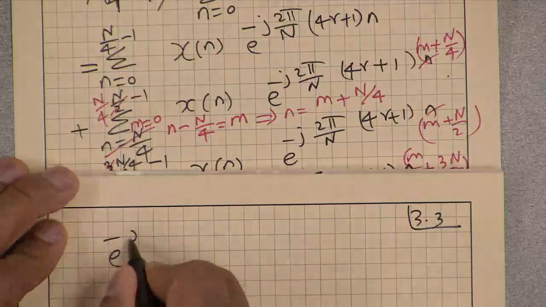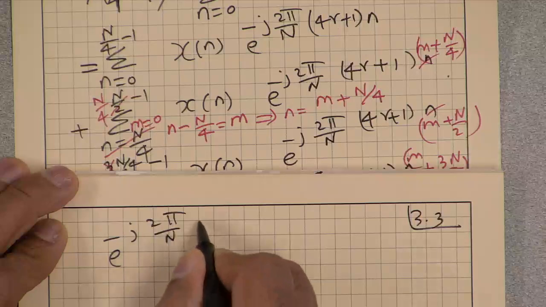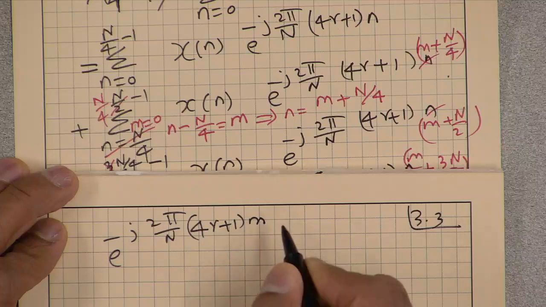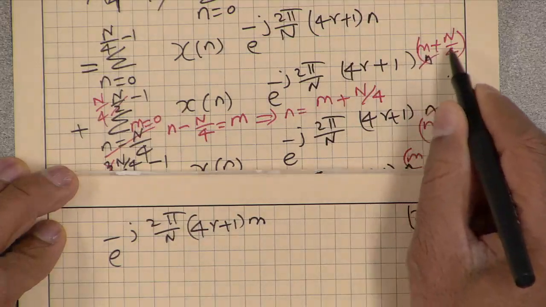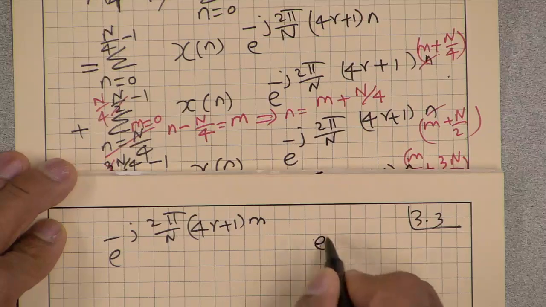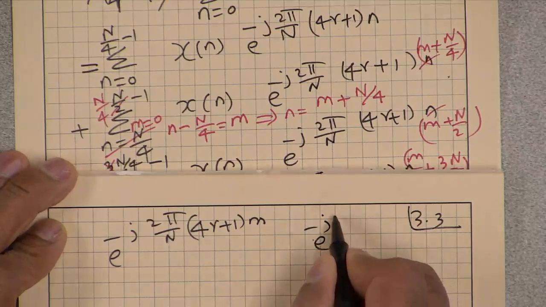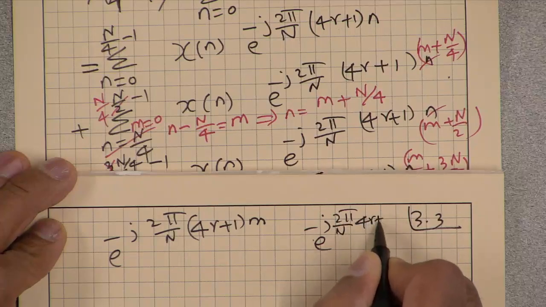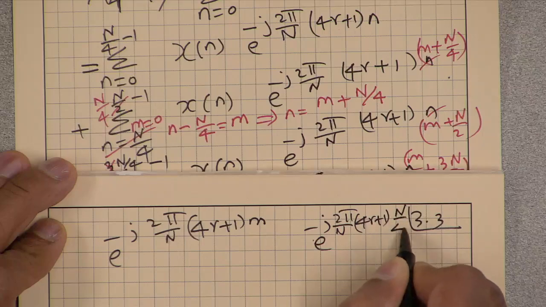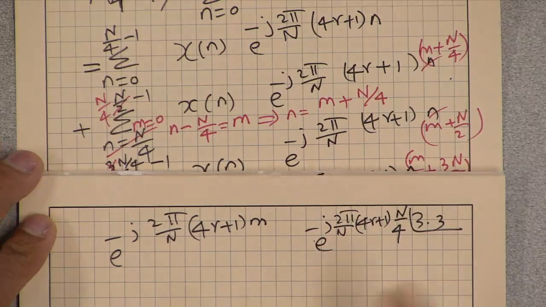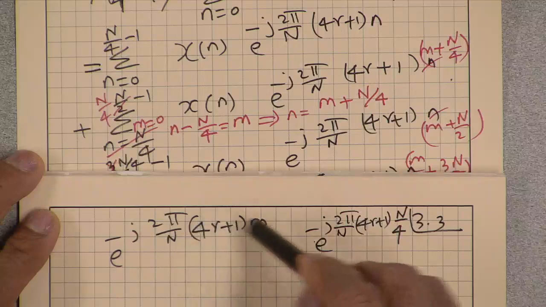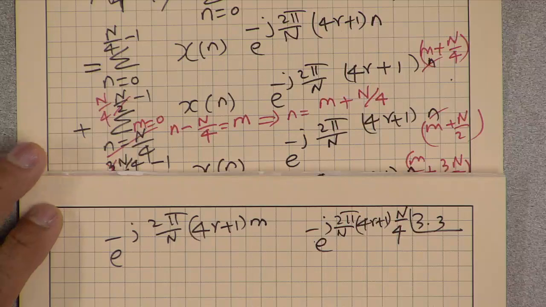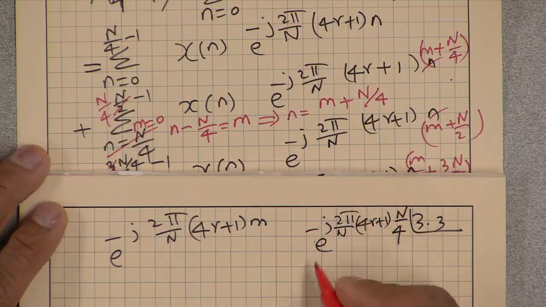So e to the power minus j 2 pi over n times 4r plus 1 times m, this is the second term, multiplied by e to the power minus j 2 pi over n times 4r plus 1 times n by 4. Okay, so this term here is equal to this times that.